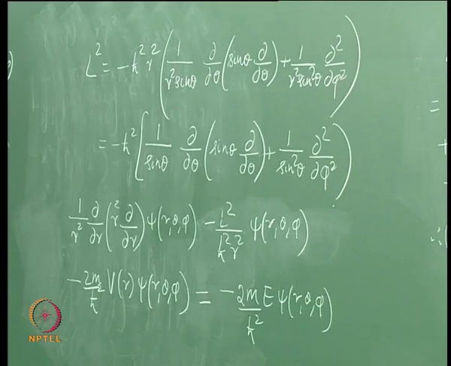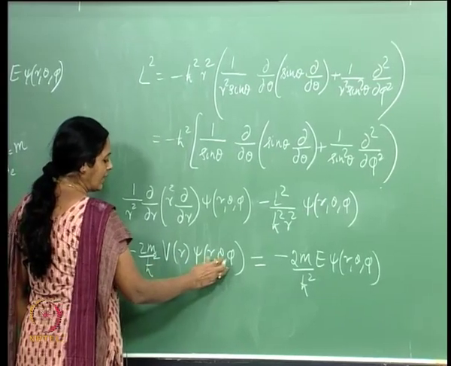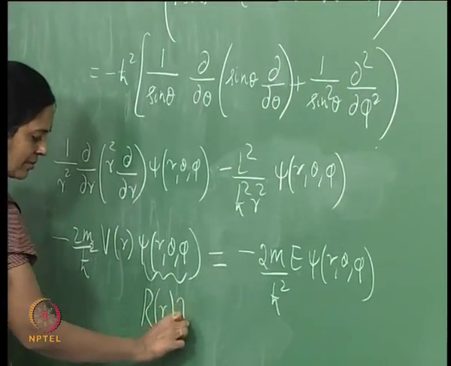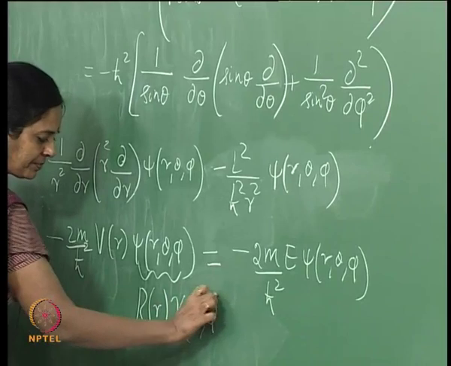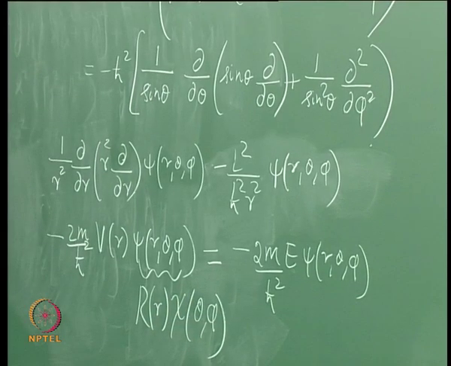So this is what I have in my equation, and if I write psi of r theta phi as R of r chi of theta phi, so I can do a separation of variables. I will demonstrate that later, perhaps in my next lecture, but right now it is clear that chi of theta phi is an eigenstate of L squared after the separation of variables is done.